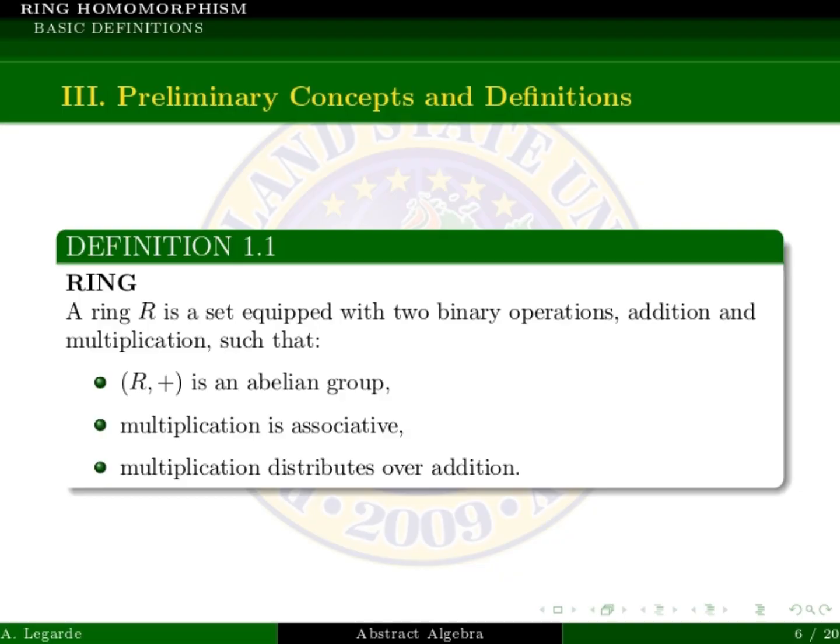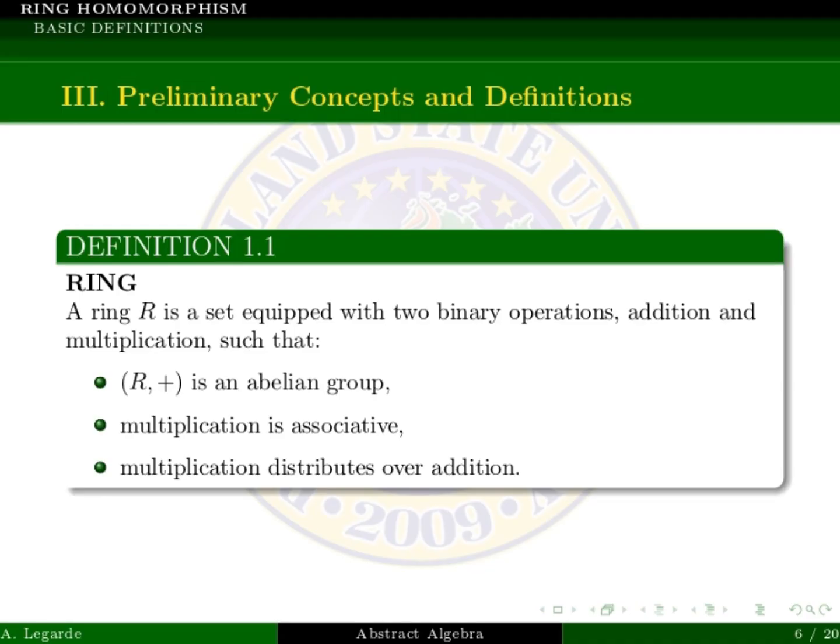Before proceeding to the proof, let us first review the basic definitions. A ring R is a set equipped with 2 binary operations, addition and multiplication. A ring must satisfy 3 important properties. First, under addition, the set forms an abelian group.